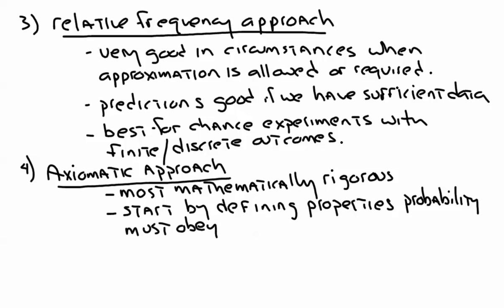And those properties are said to be axiomatic. The good news is there are only 3 axioms. It always amazes me that there are only 3 axioms of probability that we can use to build an entire body of axiomatic probability theory.